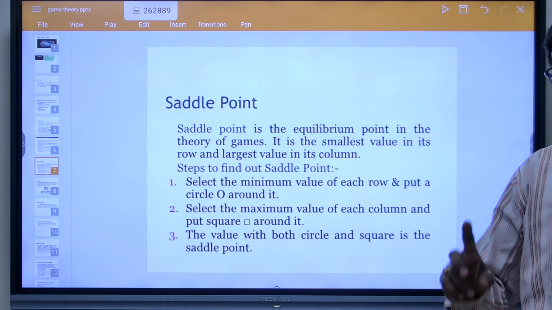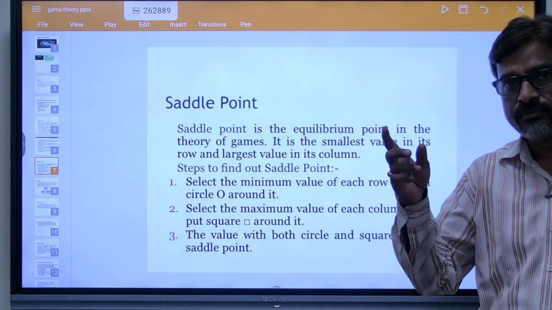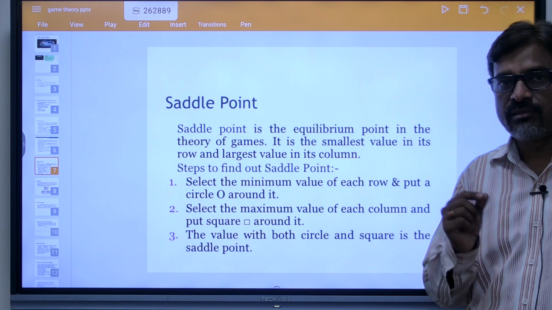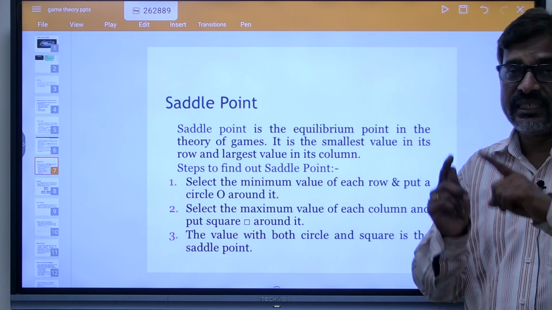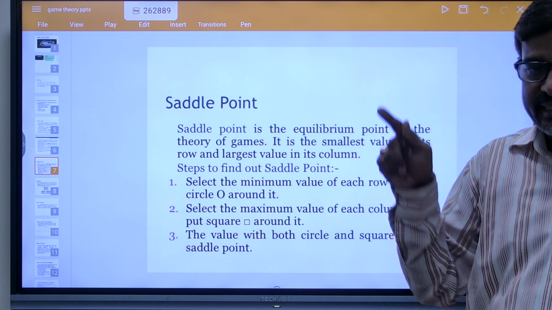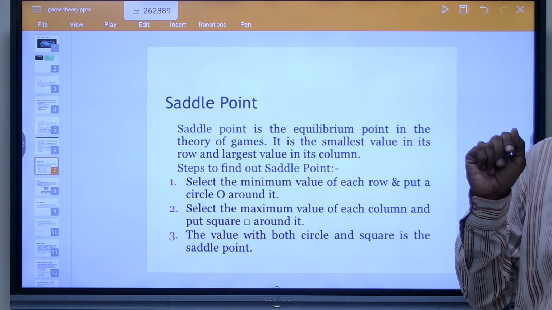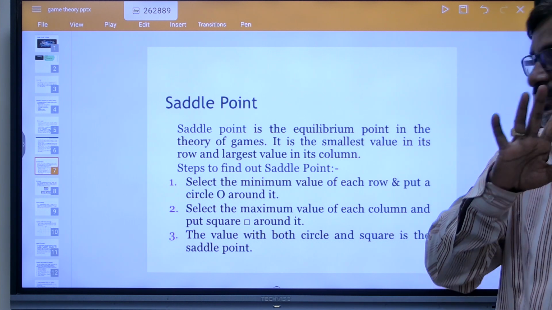Out of the various maximas, the minimum one is 5, and out of the various minima, the maximum one is 5, and they are representing the same cell in the payoff matrix. That is the saddle point.